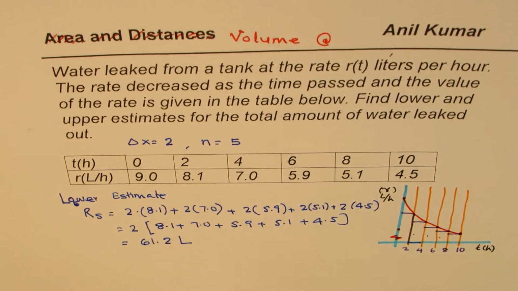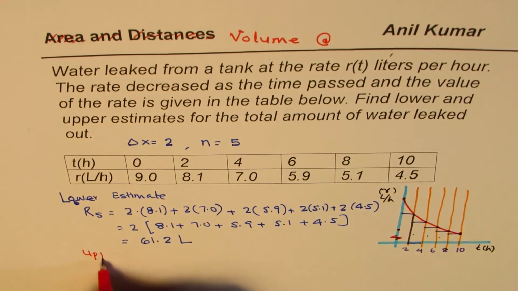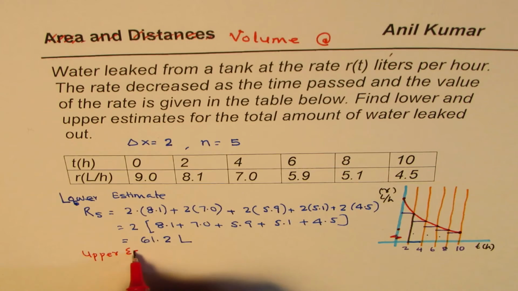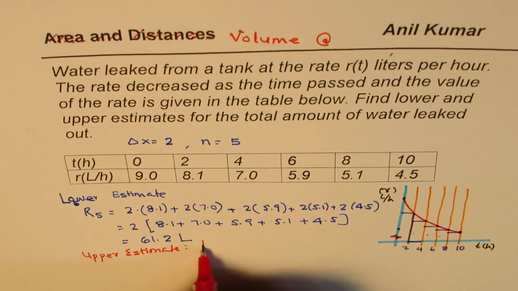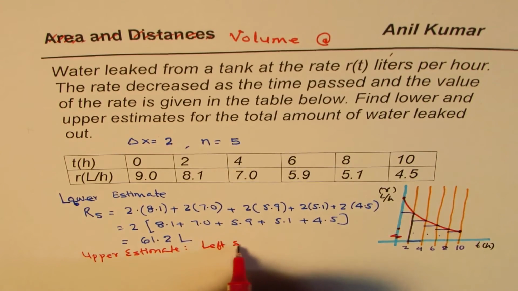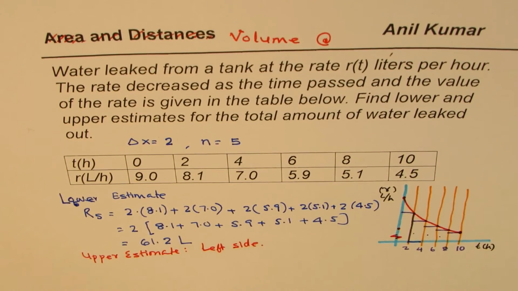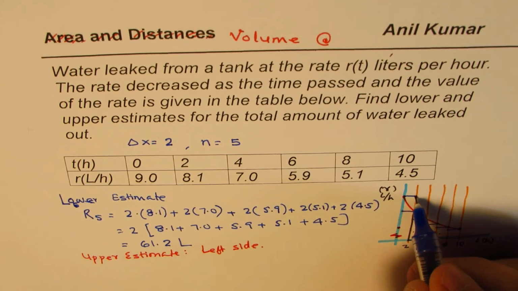Now let us do the upper estimate. So the upper estimate will be when we take the left side of these rectangles, right? Okay, so in this case we'll consider the left side. Basically, let me use another ink, this one, this rectangle is over the left side.